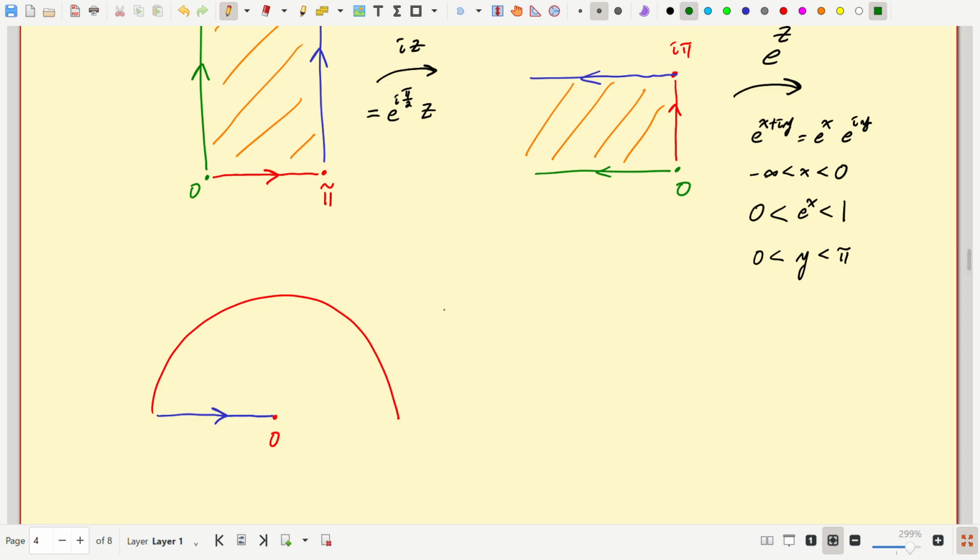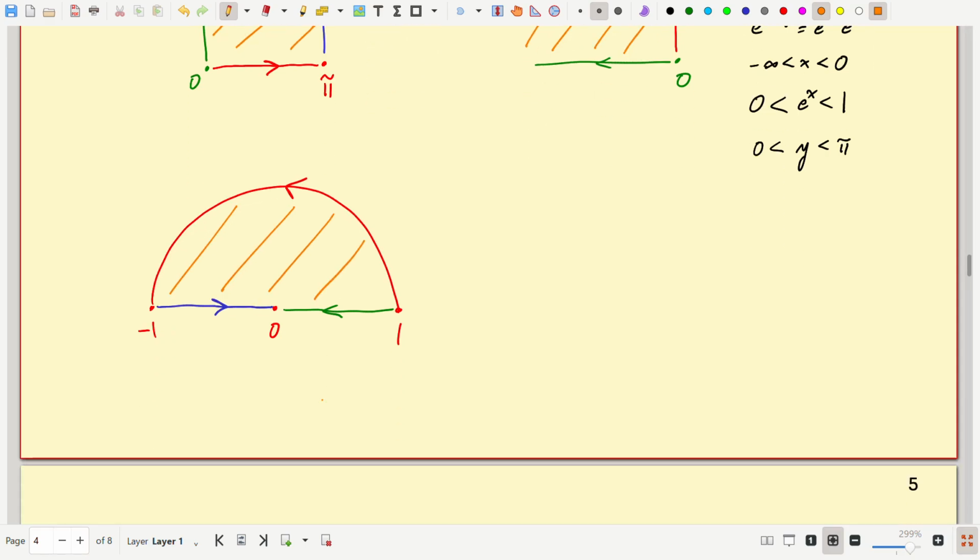The green part would get mapped like this, and the red part would start at angle 0 and go to angle pi. So I claim the red part would go like this. And of course, this is -1 and +1. And it maps to the inside one-to-one onto the upper half disk.